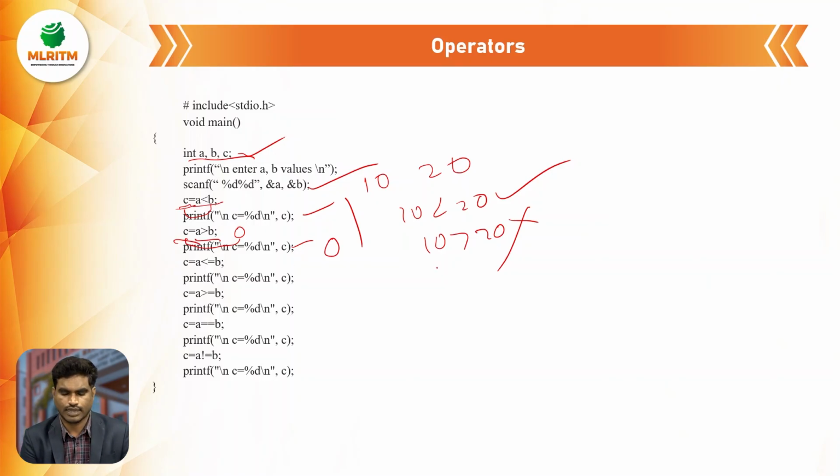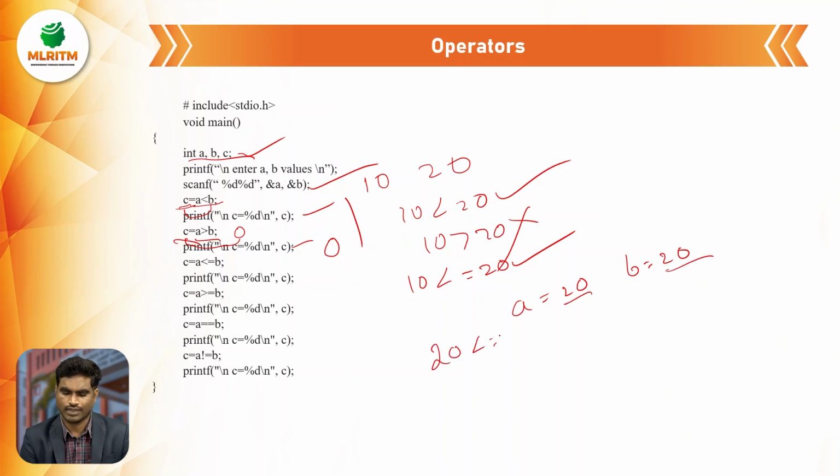Next, a less than or equal to b. Here the a value is 10, less than or equal to the b value, 20. This condition is true. Here, for example, the a value is 20 and the b value also 20.